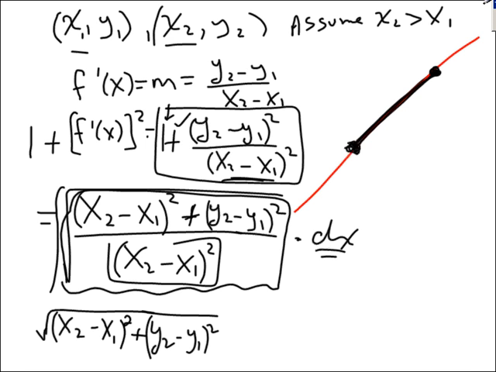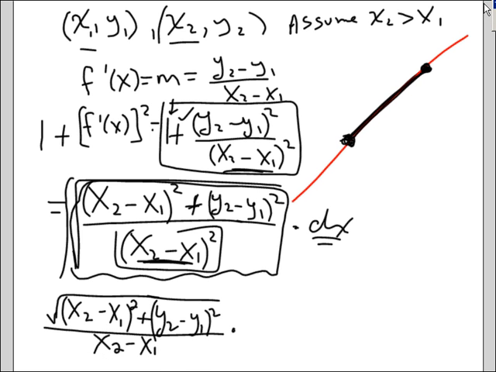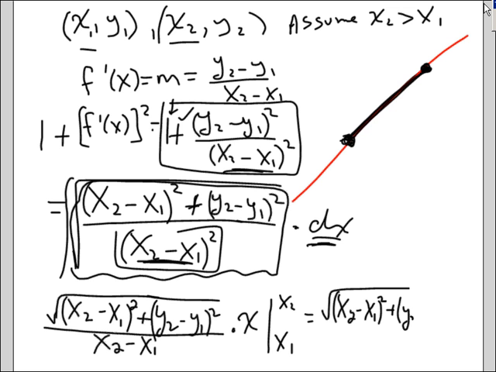So this is positive, and the absolute value will just be x2 minus x1. Integral of dx is just x, and we're going from x1 to x2. So factoring out my constant, the square root of (x2 minus x1) squared plus (y2 minus y1) squared, over x2 minus x1.